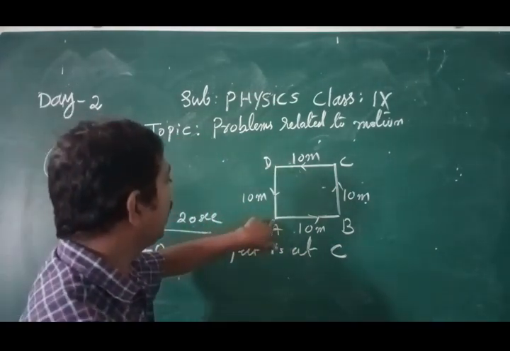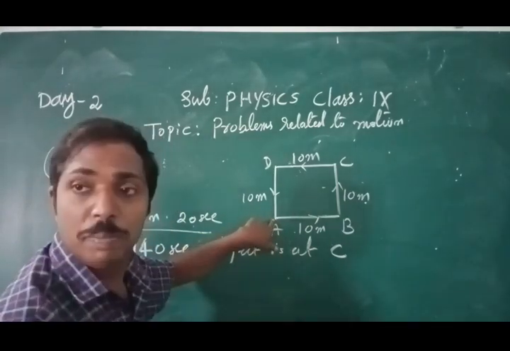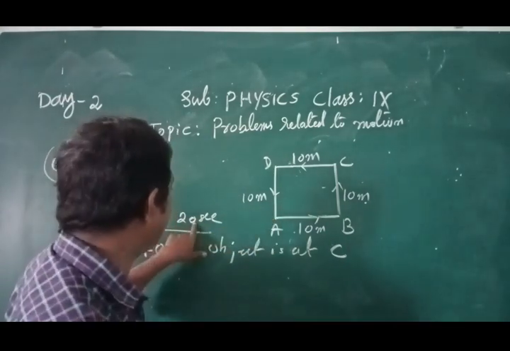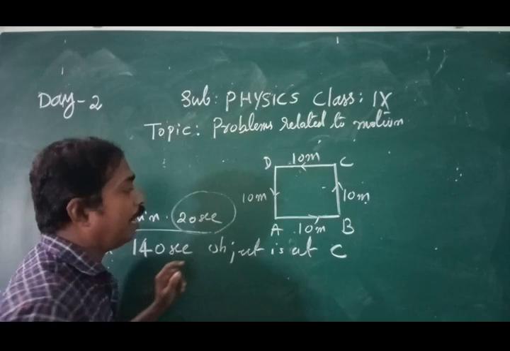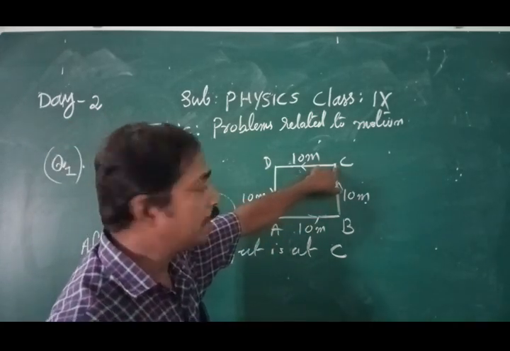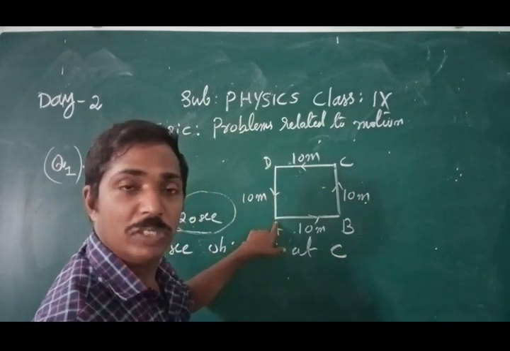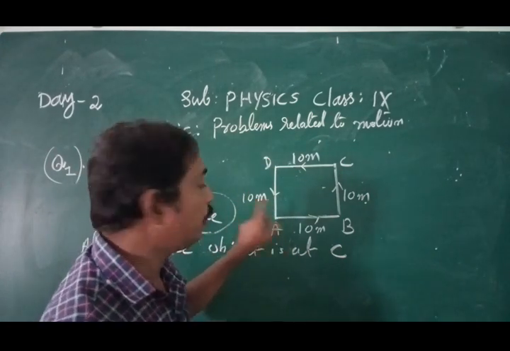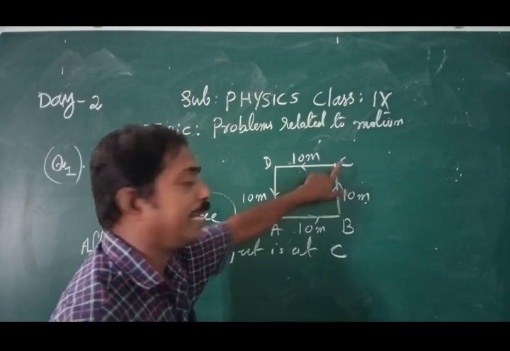After 2 minutes, meaning 120 seconds, it will be at A. Again 20 seconds are there. In this 20 seconds it can cover only up to C, because it takes a total of 40 seconds to come back to A. But 20 seconds means it will reach C.